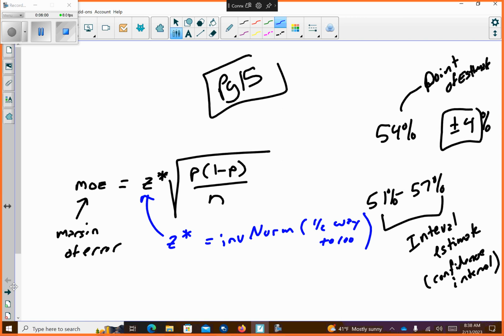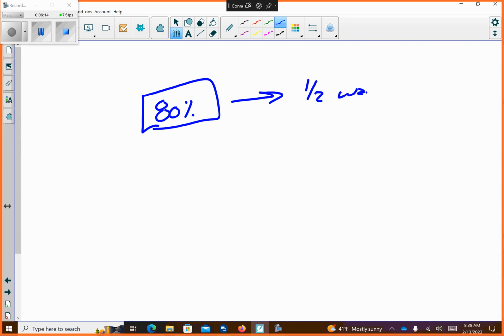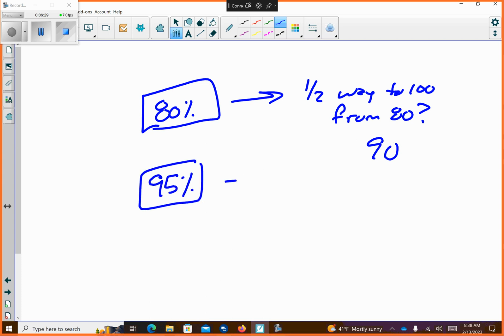Okay, so if I had an 80% that I was trying to capture, I'm 80% confident. If I wanted to say, what is halfway to 100 from 80, that would actually be 90. If I had, say, 95%, halfway to 100 would get us to 97.5. Okay, so those are things that we're going to go in and start taking a look at.